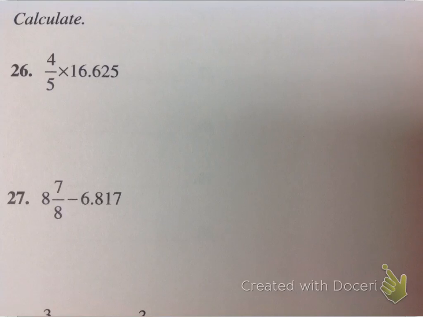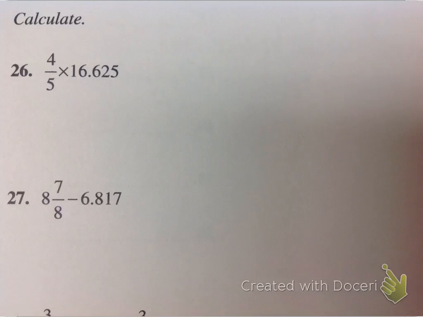Now let's look at this problem that's combining a fraction with a decimal. So you either have to get both of the numbers as fractions or get both of the numbers as decimals. It's going to be easier, I think, to convert everything to decimals. So the first thing we're going to have to do is convert the 4/5 into a decimal.